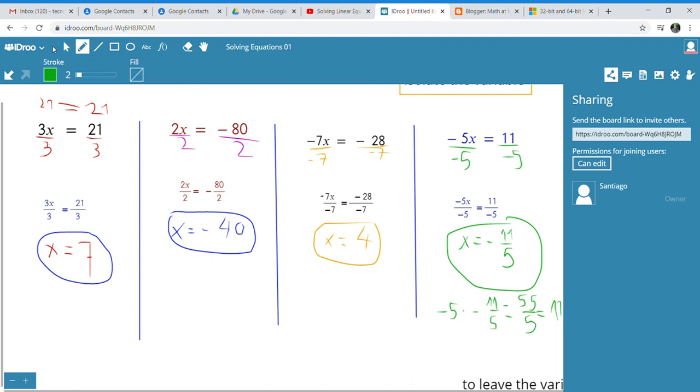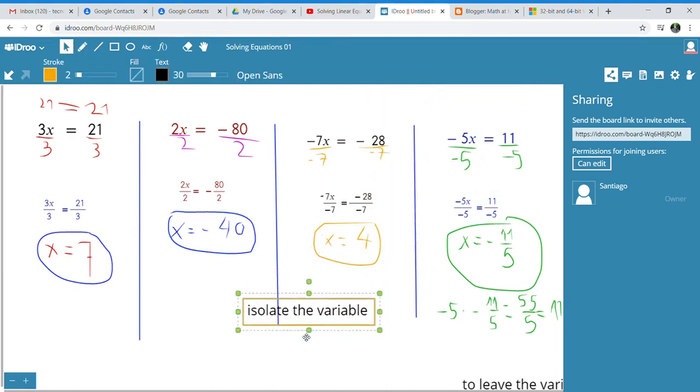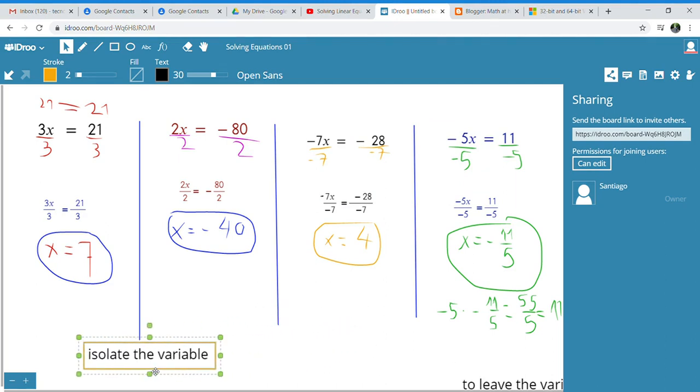Summarizing, what we have done in all these equations is to isolate the variable, to get the variable alone by dividing by one number that normally is the coefficient of the variable. And you have to divide both members and then get the solution.